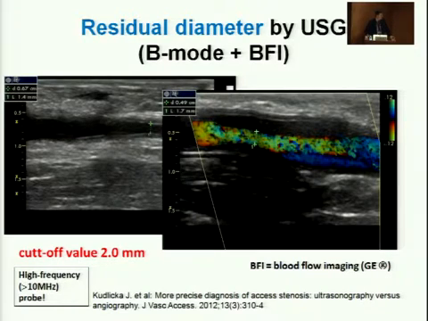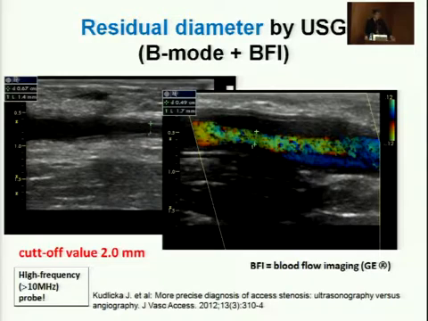Now we have more than 10, sometimes 15 megahertz or even more, and then the spatial resolution is perfect, and we can measure the residual diameter either in B mode or using BFI, which is a combination of color Doppler and so-called B-flow examination based on digital subtraction.